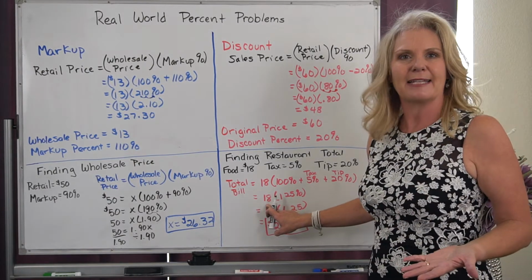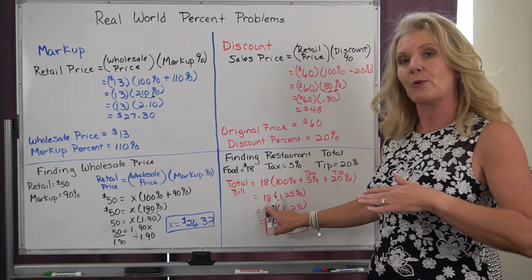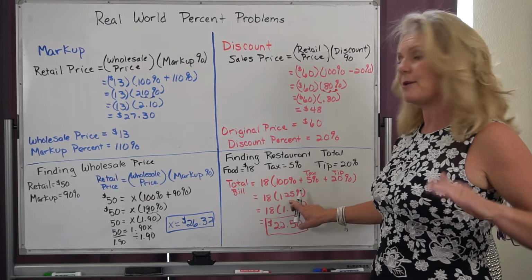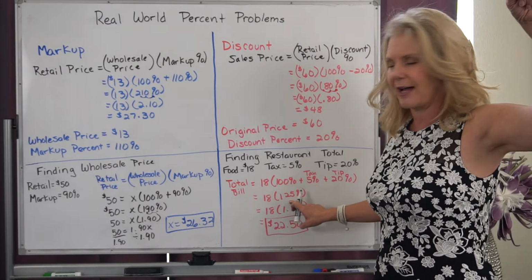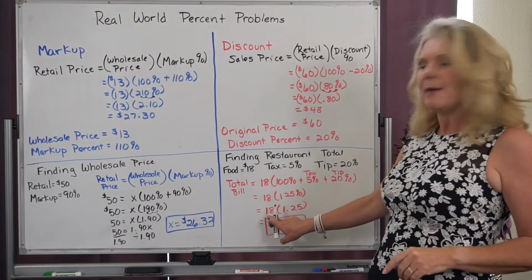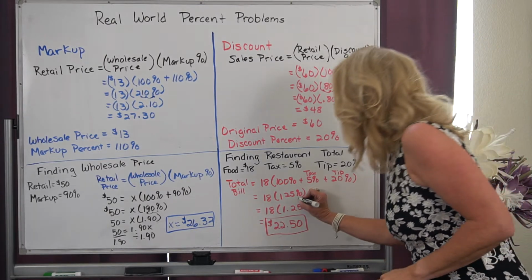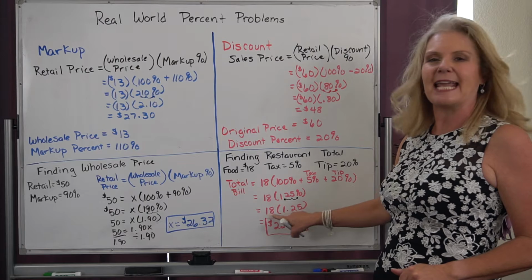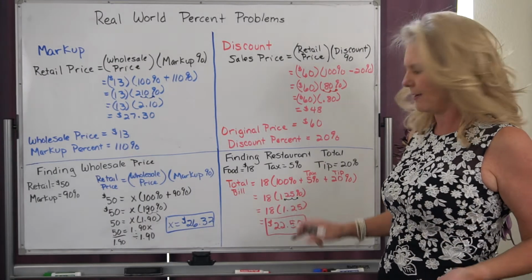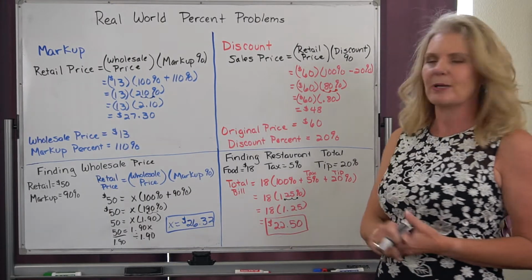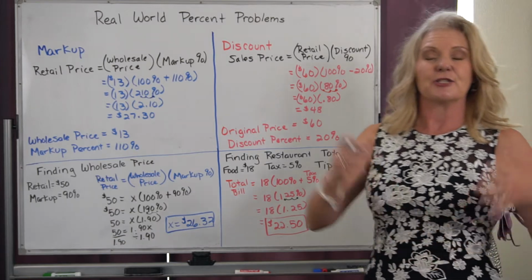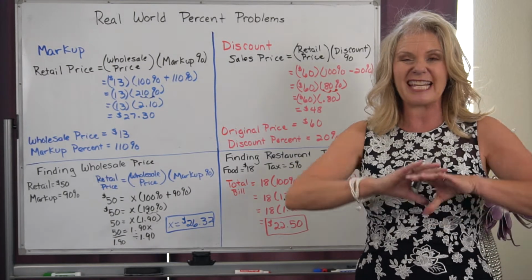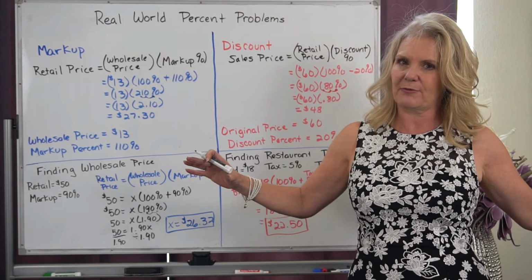So in the end, I have $18, which is my original bill, and I'm going to go up 125%. So when I go up 125%, again, I change that percent to a decimal. That becomes 18 times 1.25. When I multiply that, I get $22.50. So that's what I would be paying for the entire experience at the restaurant.